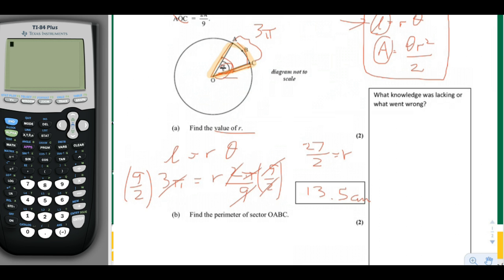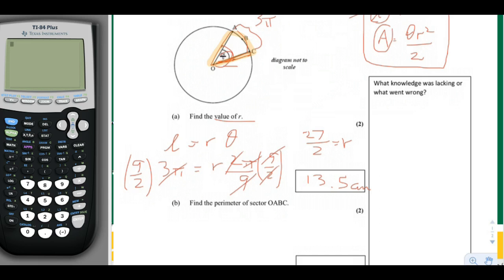So we can find that by adding up the two radiuses and the arc length, right? So if we take the radius and we add the radius and we add the arc length, we will get the perimeter. And we already know all those things, right? We know 13.5 is the radius, plus 13.5 is the radius, plus we know the arc length is 3 pi.